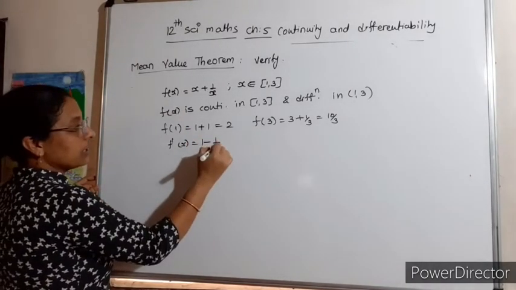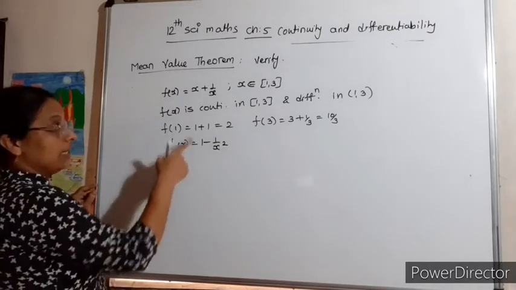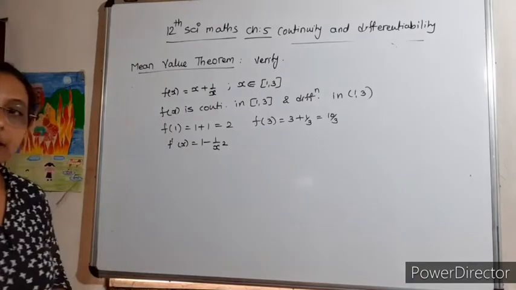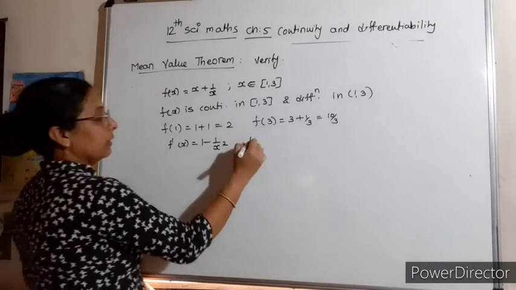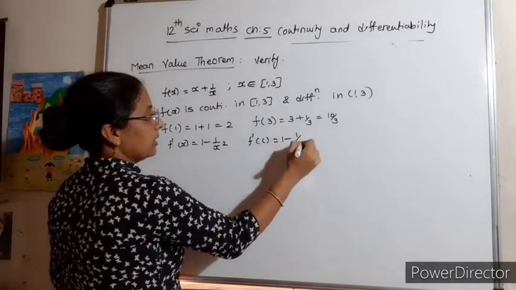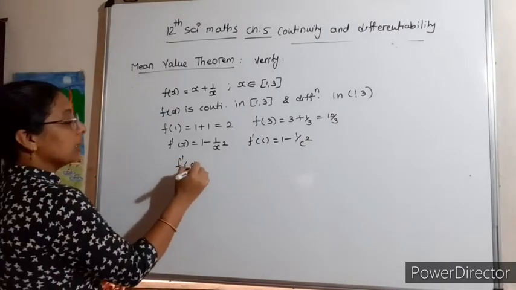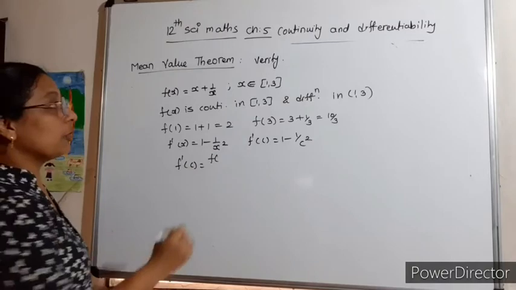Now we'll find f dash x. 1 minus 1 upon x square, that is x की derivative 1 and 1 upon x की derivative minus 1 upon x square. Now f dash c is 1 minus 1 upon c square, right? Then by mean value theorem we apply f of b minus f of a upon b minus a.